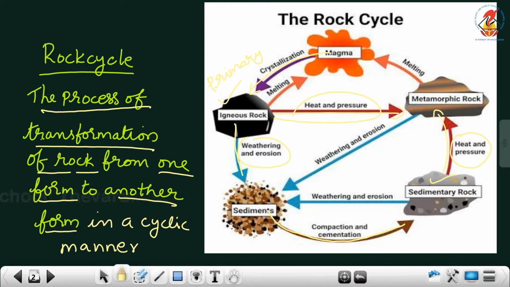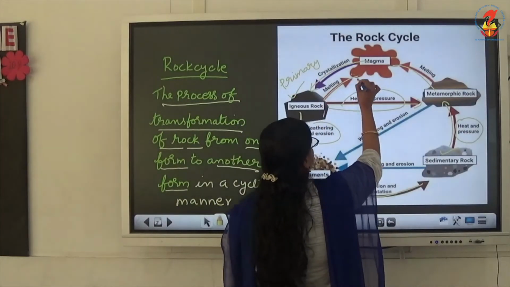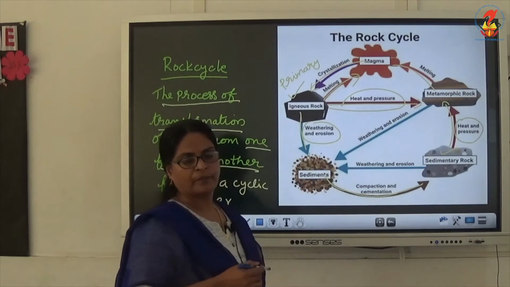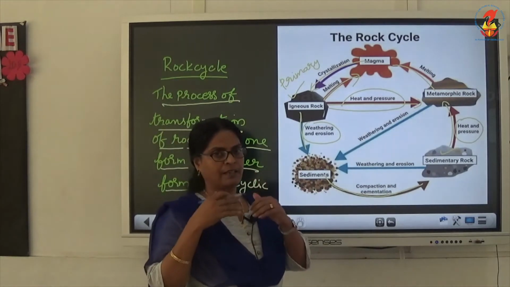The metamorphic rocks then melt and become magma. All these three types of rocks melt and become magma. It is the liquid form of rocks, and magma is inside the earth.